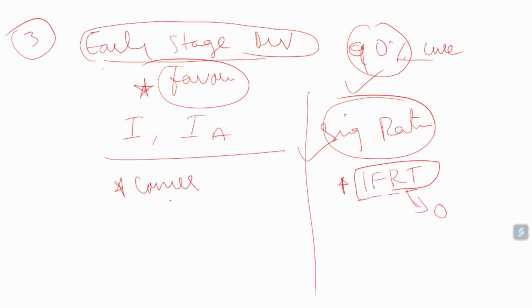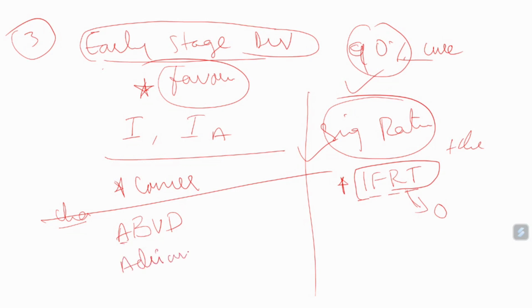Okay, so because of that, in stage 1, stage 1A or stage 2, we have to go with radiation therapy plus chemotherapy, or chemotherapy alone can also be given. In combination therapy of early stage, we have one strategy. In chemotherapy we have the ABVD regimen. In the previous class I already told you, A indicates adriamycin, the other name for doxorubicin.